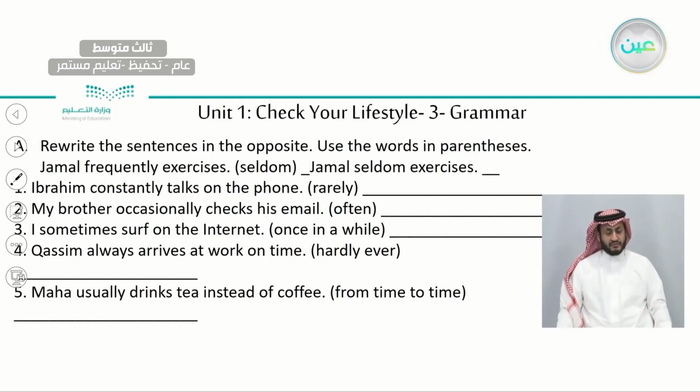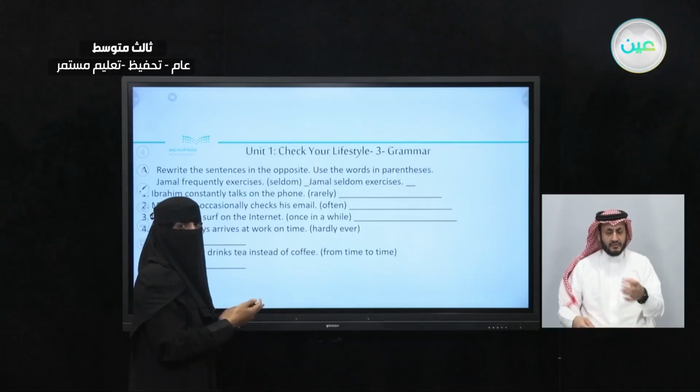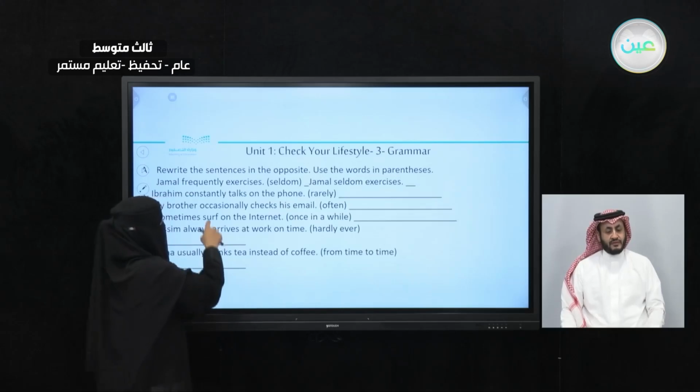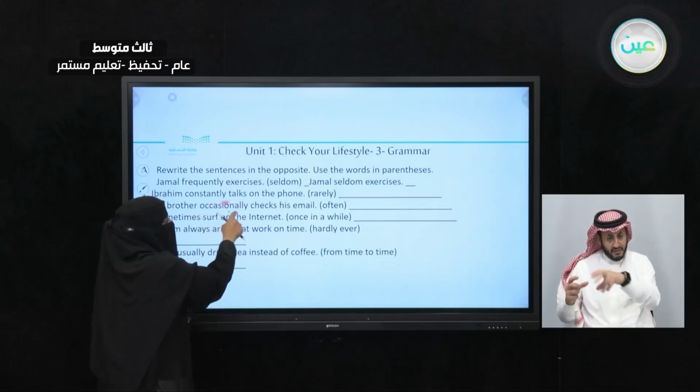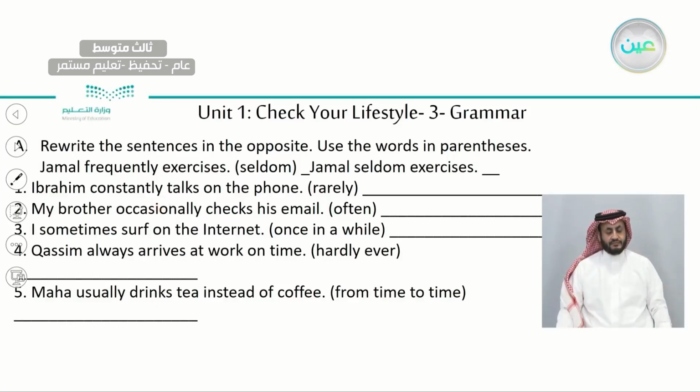My brother occasionally checks his email. So, excellent. Occasionally is the adverb of frequency. What about number three? What do you think? Sometimes, excellent. Sometimes is the adverb of frequency.